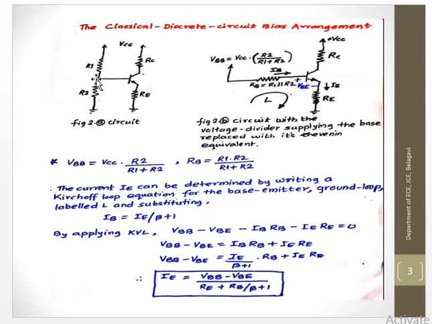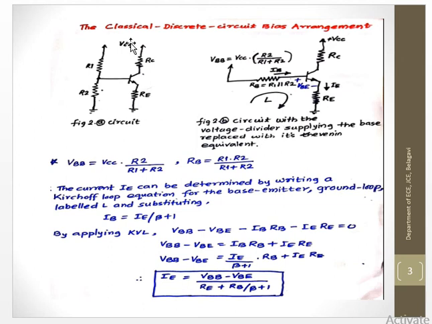Voltage at this point is VCC times R2 divided by R1 plus R2. So at the input side we have applied Thevenin equivalent and converted it into a single voltage source and a single resistor. This resistor we refer to as RB, which is R1 parallel R2. The current flowing through RB we refer to as IB, the base current.